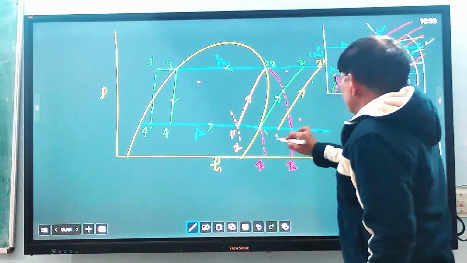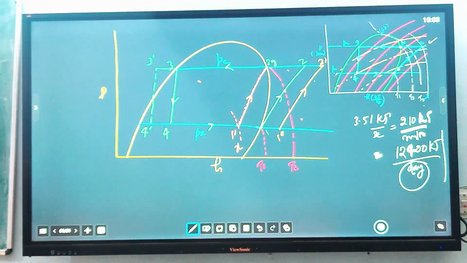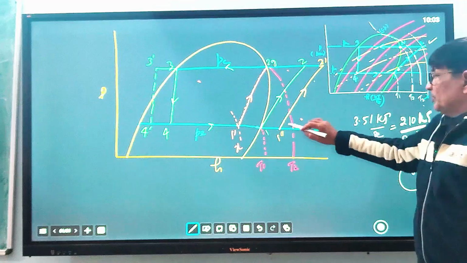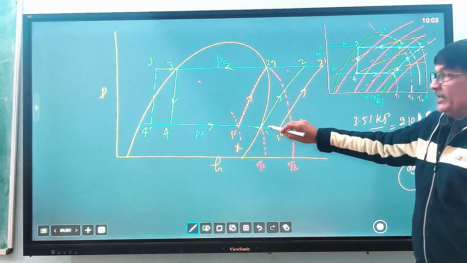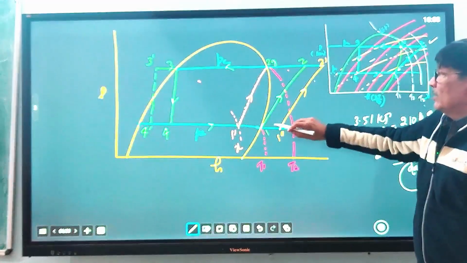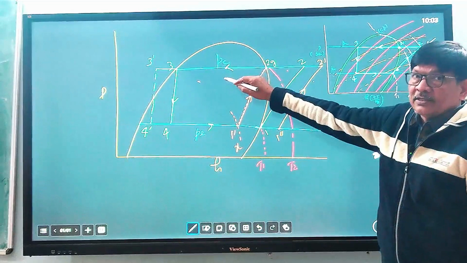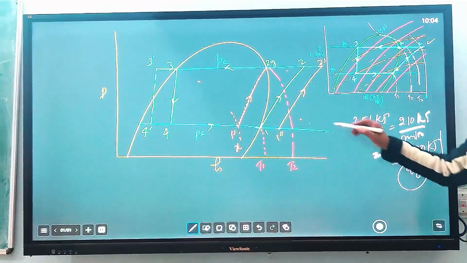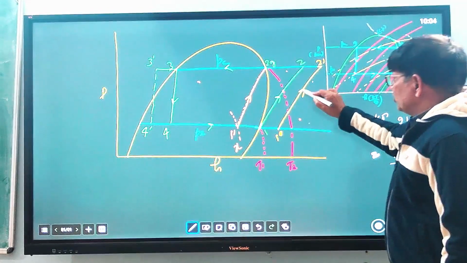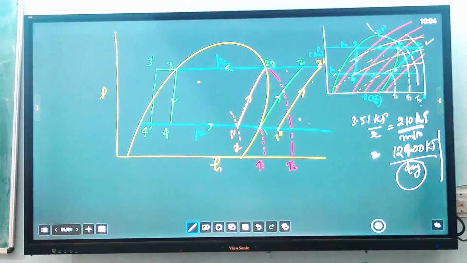This is 1 dash, 1 double dash, 2 dash, and 3 and 4. For actual practical operation of the refrigerator, before entering the compressor there is a little bit of superheating of the refrigerant inside the evaporator, either due to heavy load on the evaporator or by using the heat released from the condenser to make it superheated. This is the ideal condition, and most of the questions you will find are from 1 double dash.